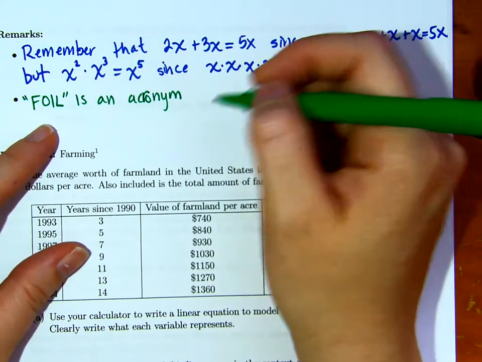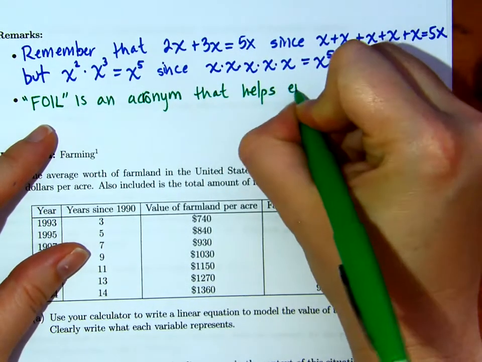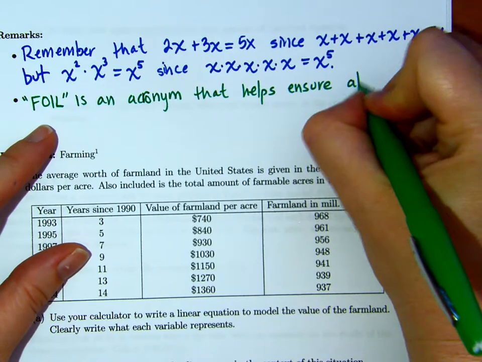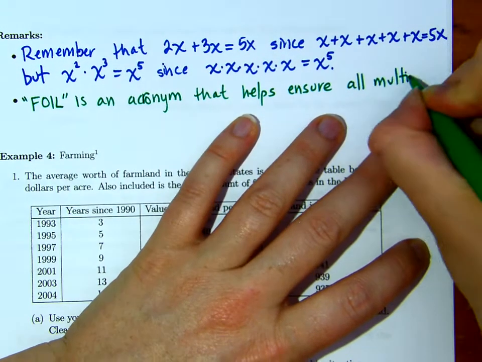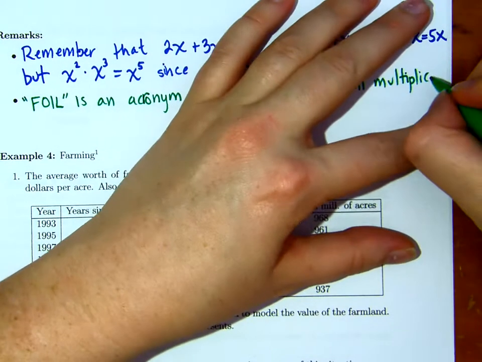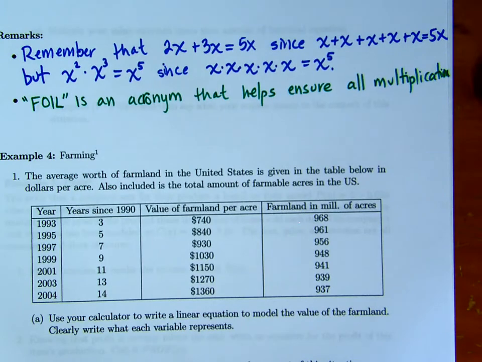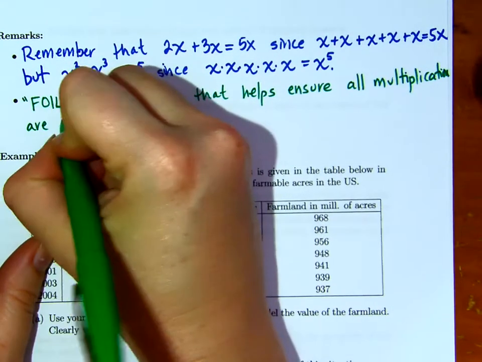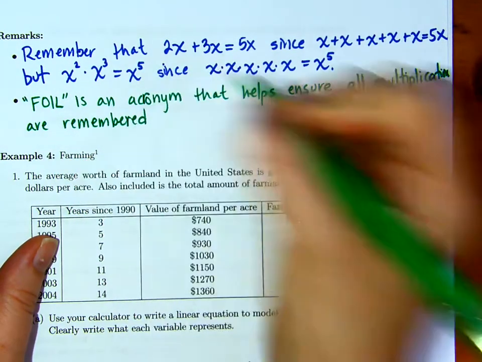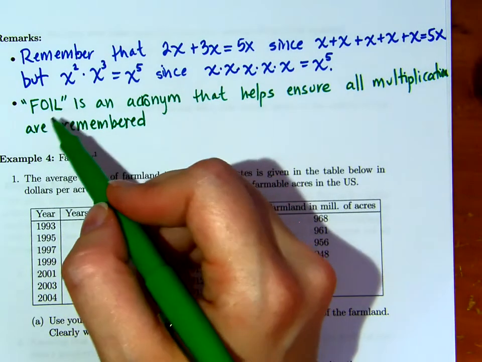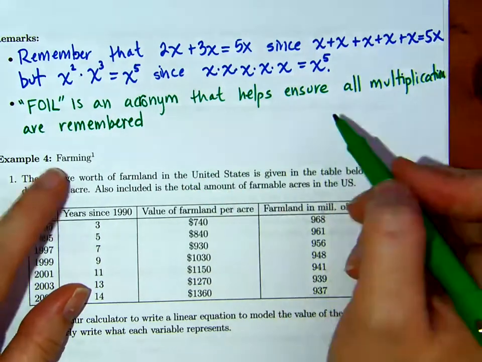Okay, an acronym that helps ensure all multiplications are done. All multiplications are remembered. It's a reminder, right? Do the firsts, do the outers, do the insides, do the lasts. Don't forget any of them.